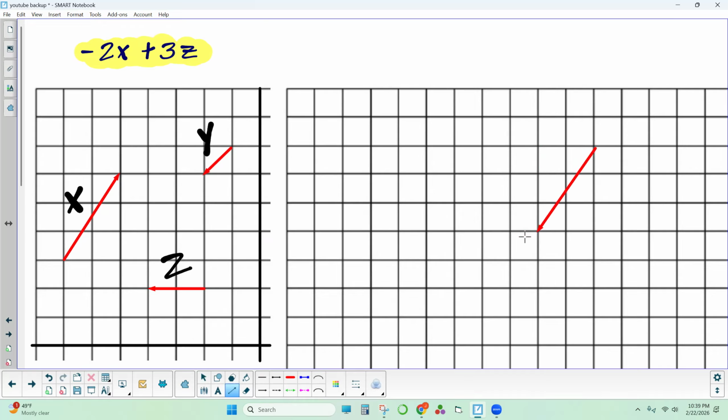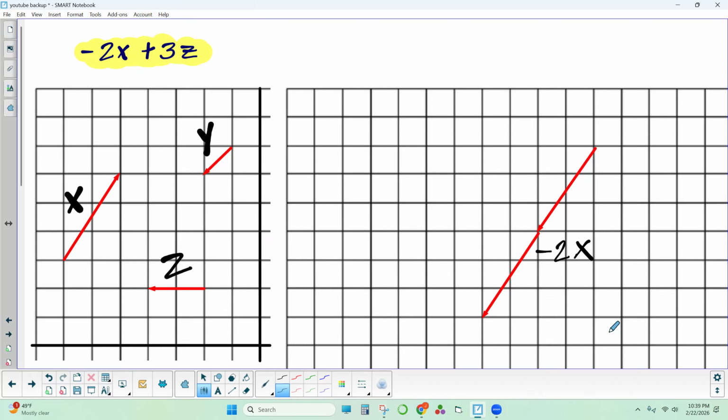And we want to place the tail of each new vector at the head of the previous. That's how we show this. So now I'm going to do another one, left 2, down 3, and that represents negative 2x. So I can come over here and label that negative 2x.